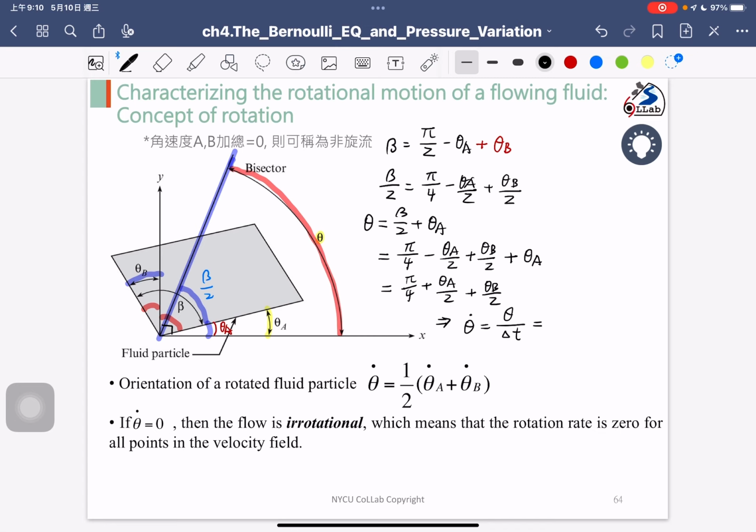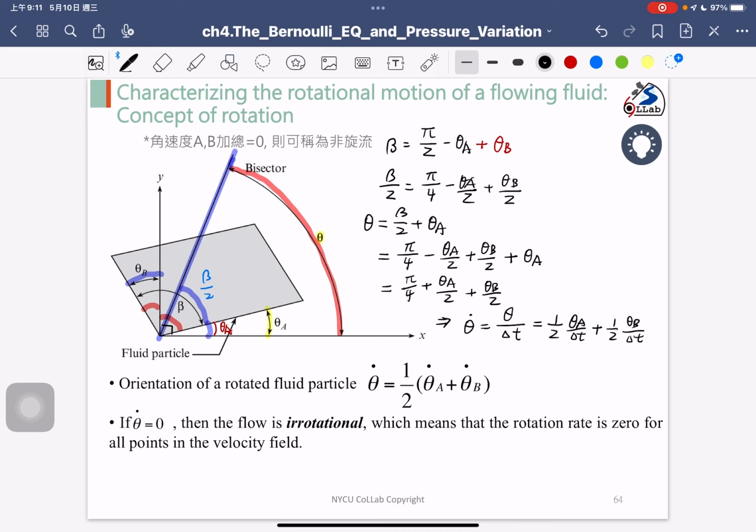But as we know, the pi over 4 is a constant value, it doesn't change with the time difference. So there is nothing, the pi over 4 cannot be changed with a different time. So here, we can rewrite the equation as 1 over 2 times theta A divided by delta t plus 1 over 2 times theta B divided by delta t.